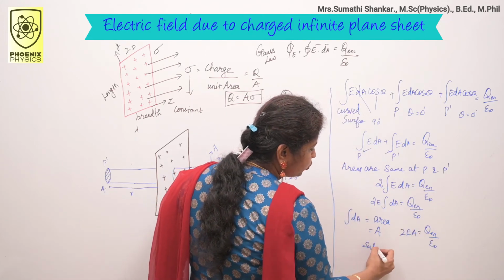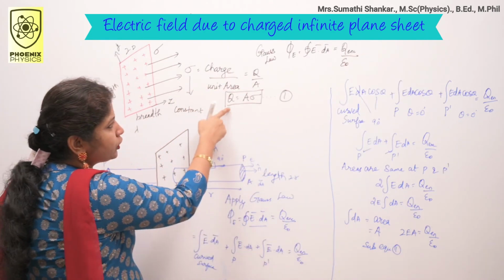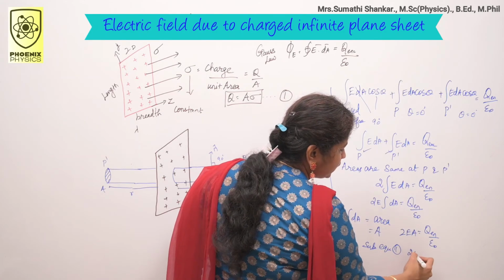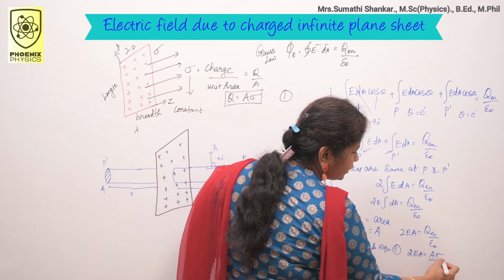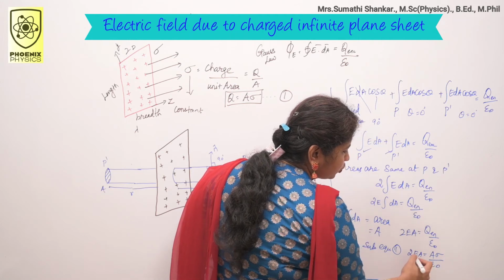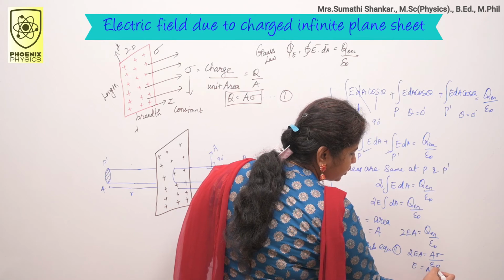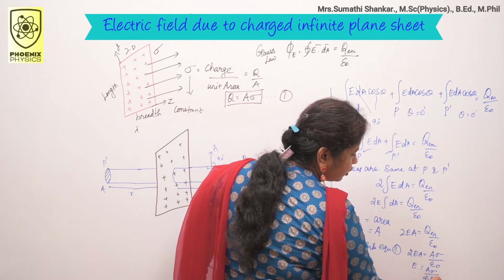Substitute equation 1. What is our equation 1? Q is equal to A sigma. Substitute here. So 2EA is equal to A sigma by epsilon naught. So E is equal to A sigma divided by 2A epsilon naught.